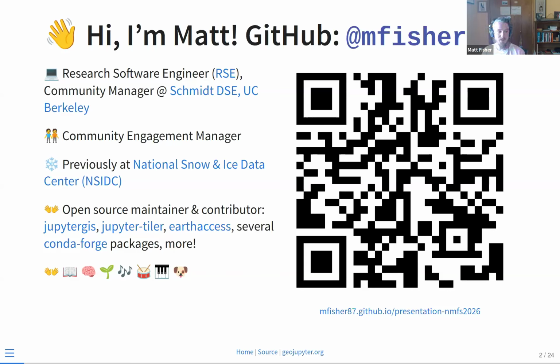I'm also an open source maintainer and contributor. JupyterGIS, which we'll talk a little bit more about, and JupyterTyler are two of the projects I've been working on a lot lately. I'm also a maintainer on Earth Access. I really love the Earth Access community. If you haven't tried it out, please go try out Earth Access for NASA data. And I also maintain several Conda Forge packages and some other miscellaneous stuff.